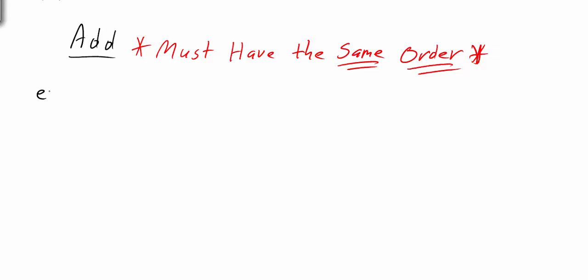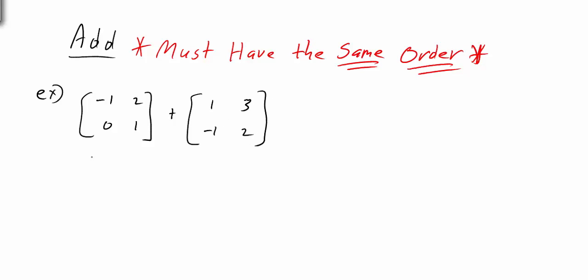So for example, if we were given this 2 by 2 matrix, which is negative 1, 2, 0, 1, and we want to add this to 1, 3, negative 1, 2, notice here each one is a 2 by 2 matrix, and if we're going to add these together, you're just simply going to add the corresponding entries. That's why they have to be the same order.